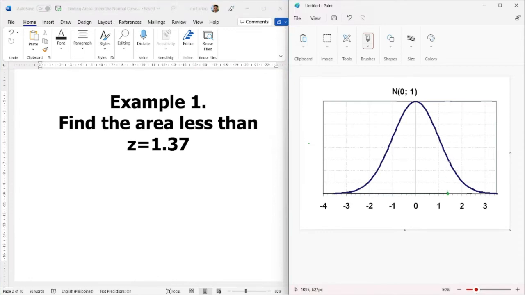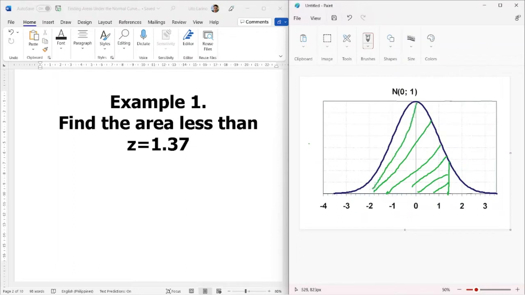And let's draw a vertical line. Example 1 is wanting us to determine the area less than or below the z-score 1.37. That means we will be looking for the entire area below the given z-score, or this area that I am shading.